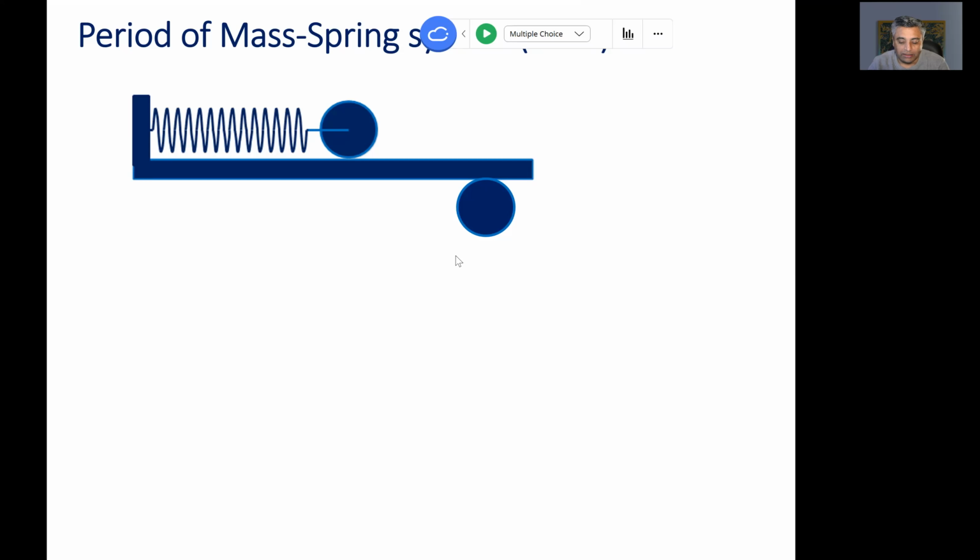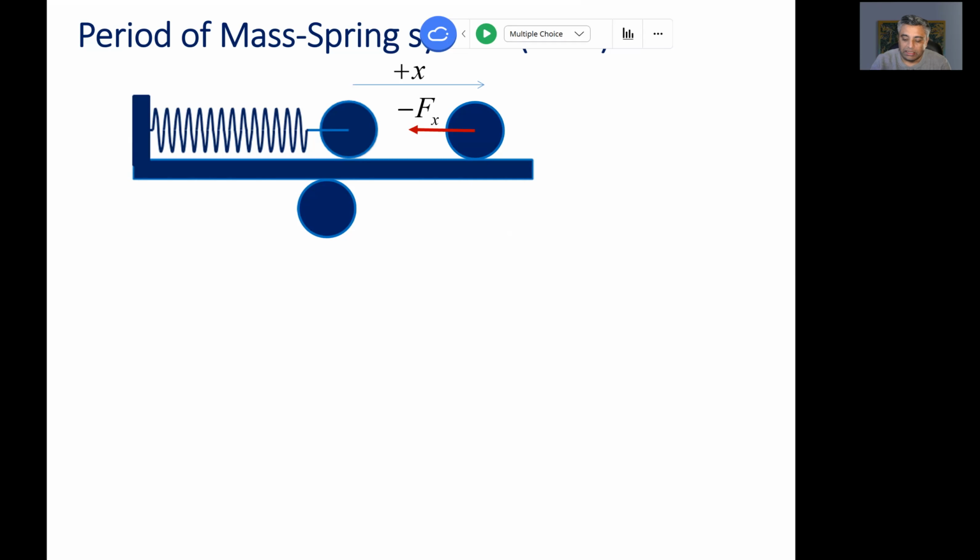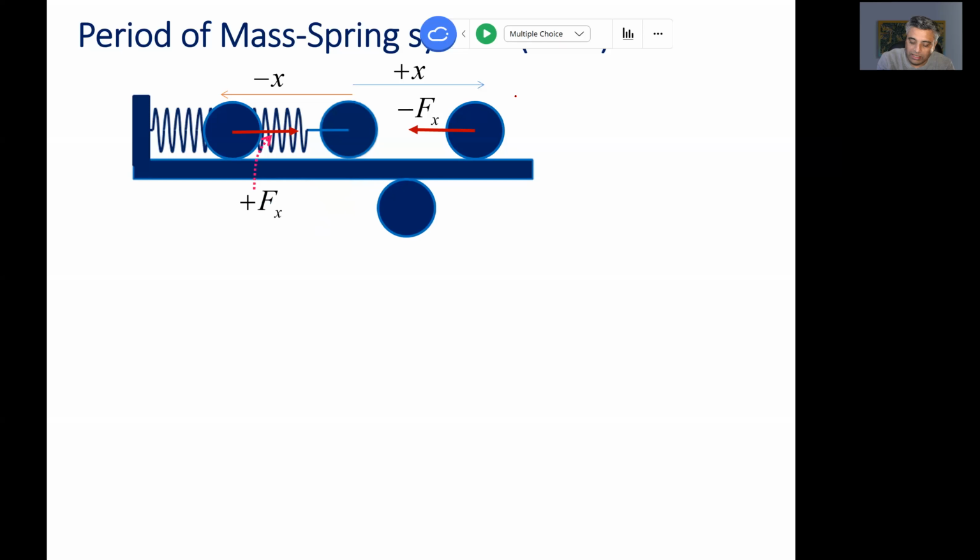We know the force on the mass is F equals negative K times X, right?